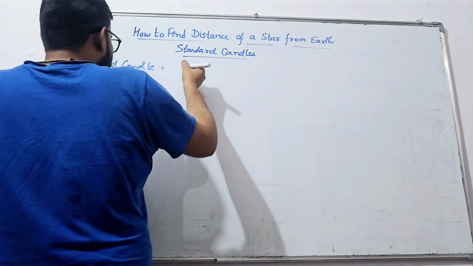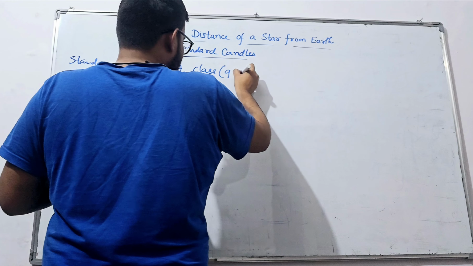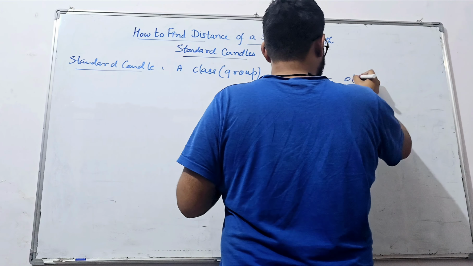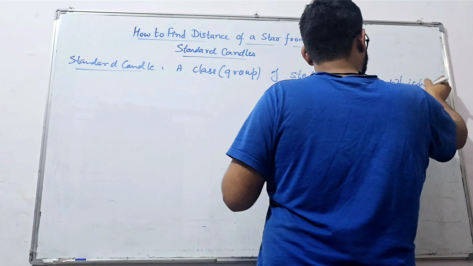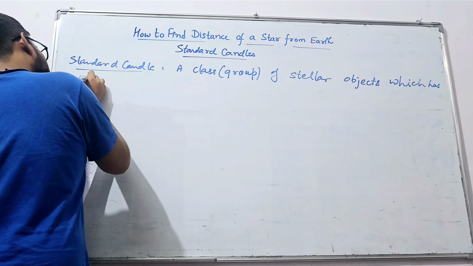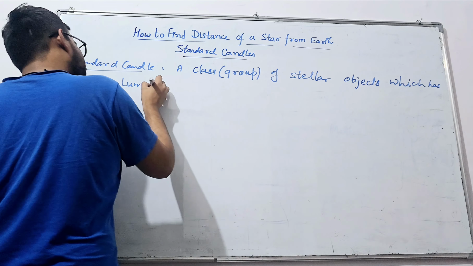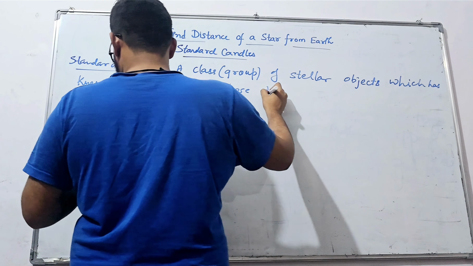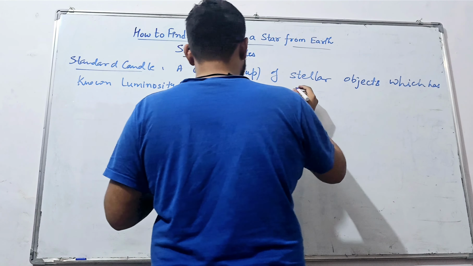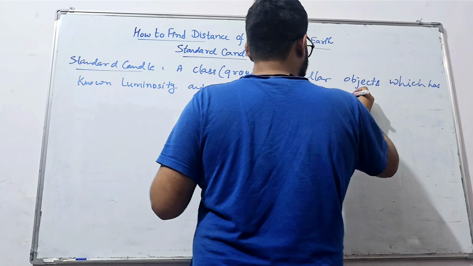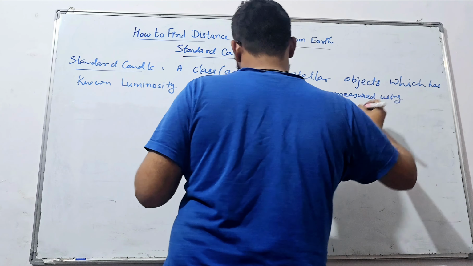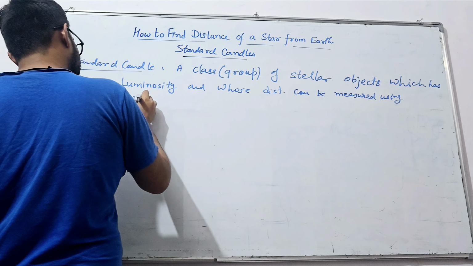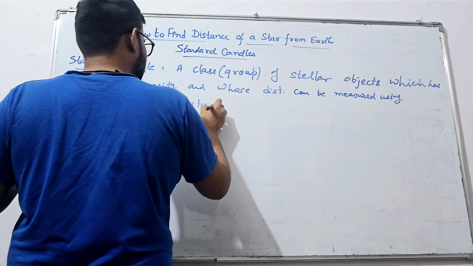It is a class or group of stellar objects which has known luminosity and whose distance can be measured using radiant flux intensity, which we will denote using F.